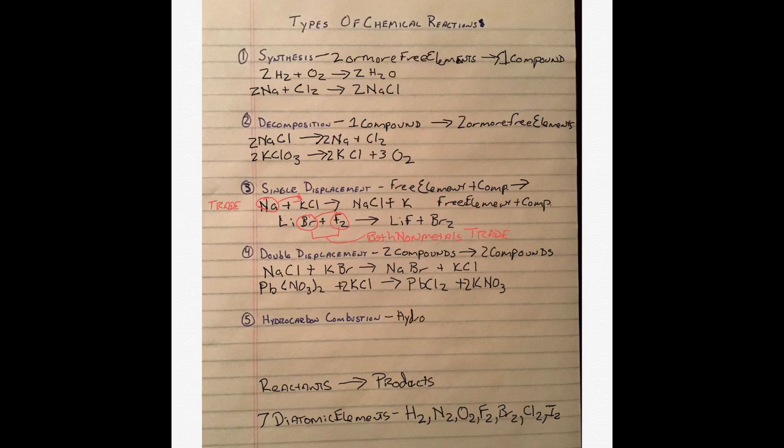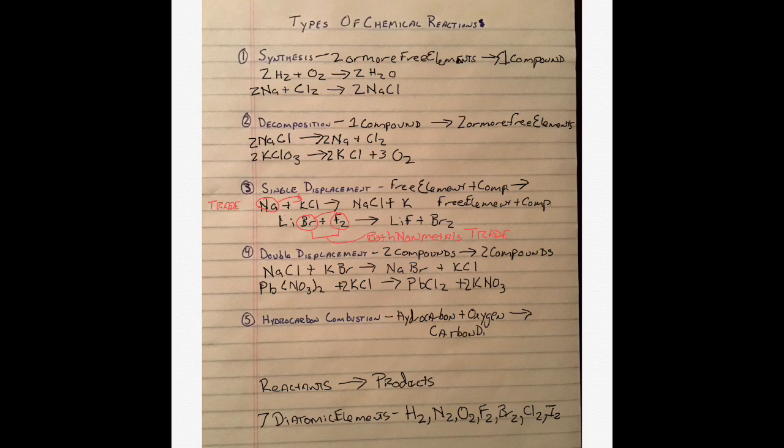And a hydrocarbon combustion reaction is the last one that we'll look at. A hydrocarbon is anything that contains hydrogen and carbon, and combustion indicates that we have to react it and catch it on fire. So in order for something to burn, we have to have oxygen.